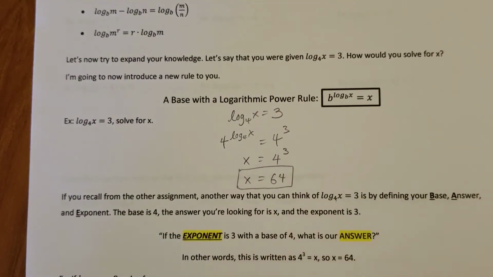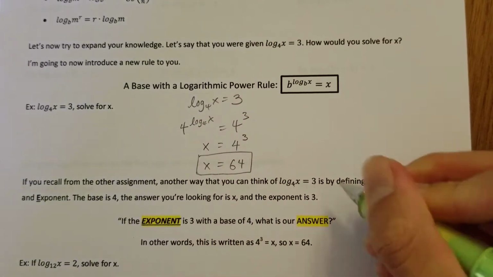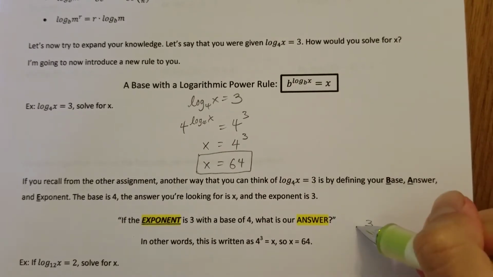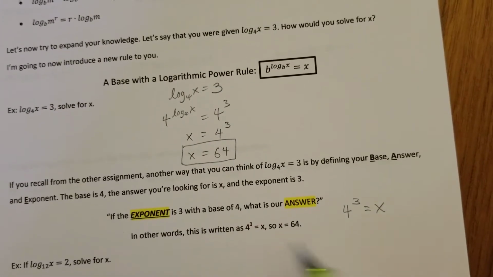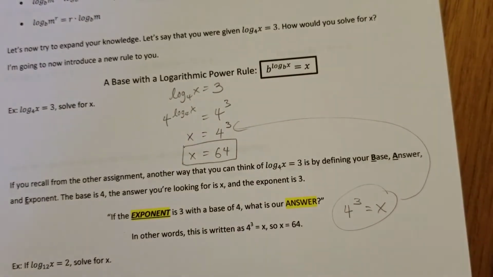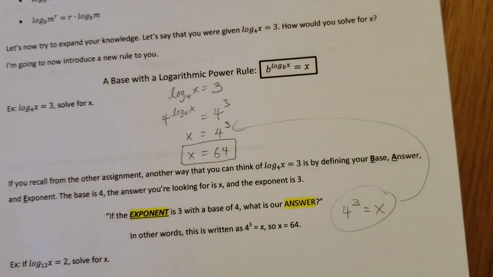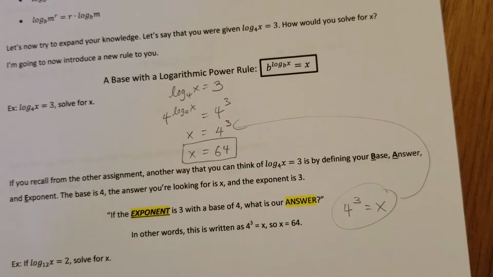That is the same thing as this. The reason I want to show you this way is so you understand how the math behind it works: when you do something to the left hand side, you have to do it to the right hand side. But then you just have to memorize this formula.